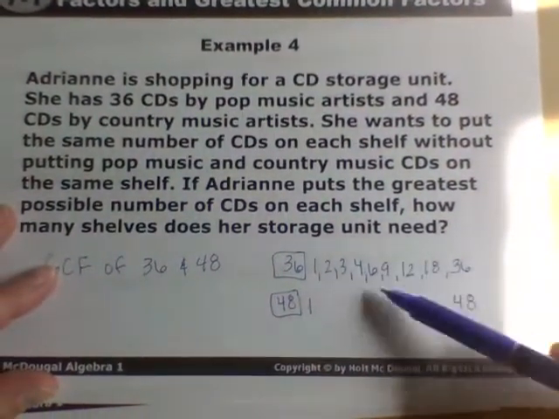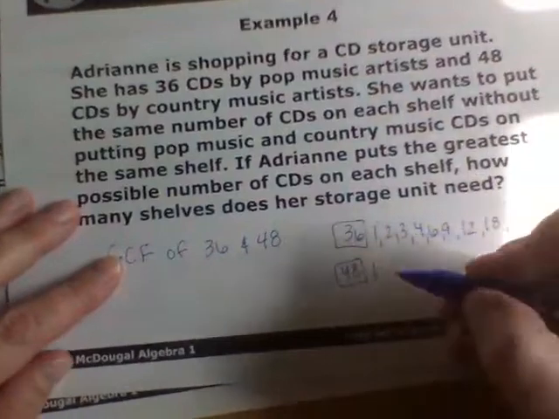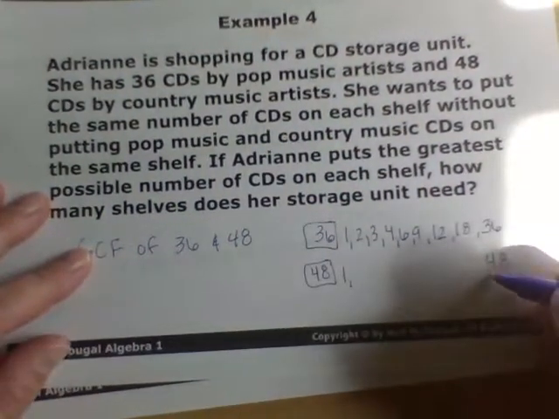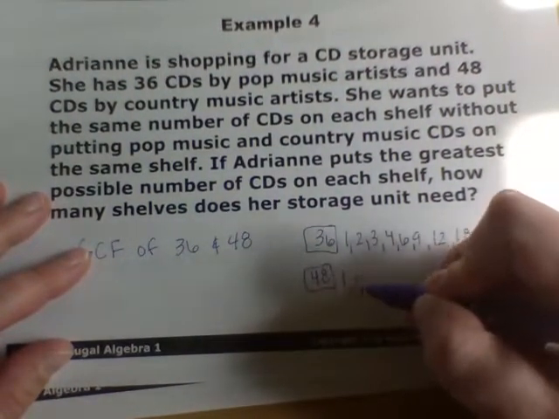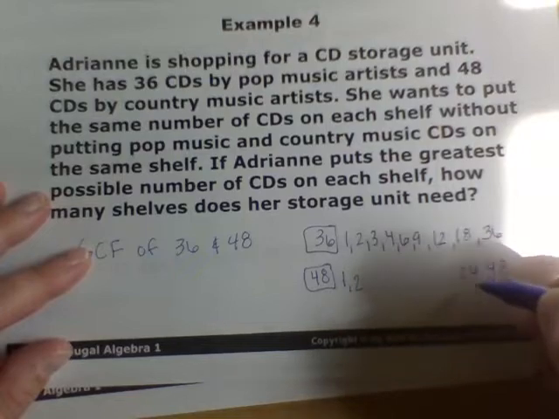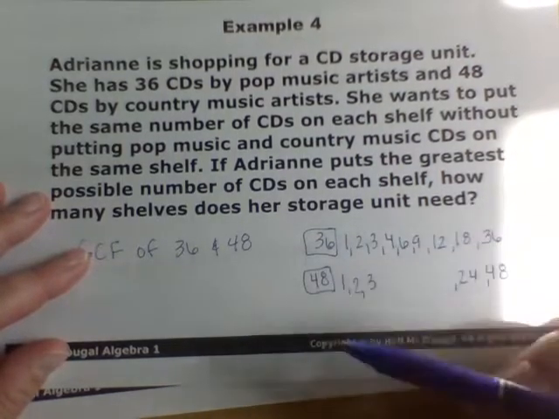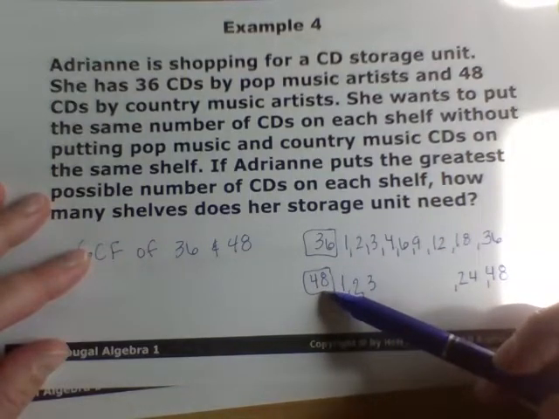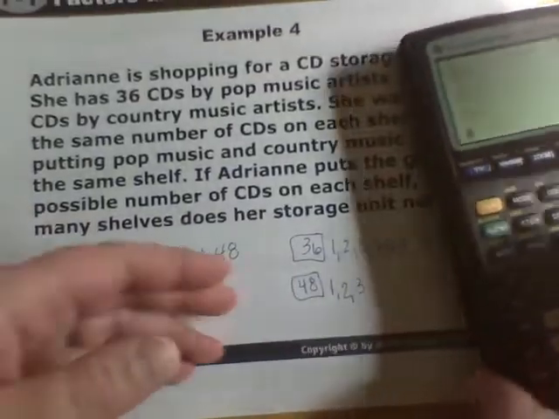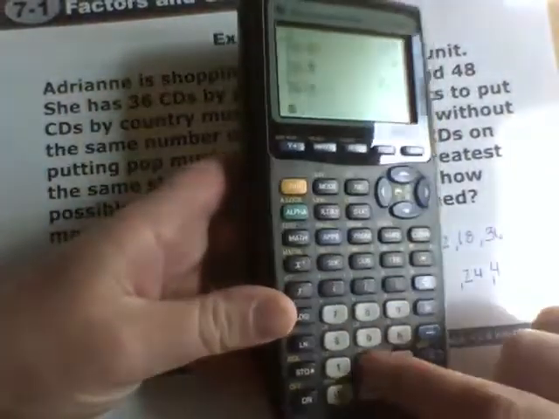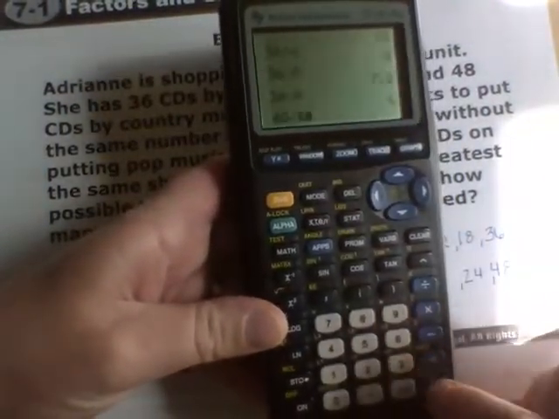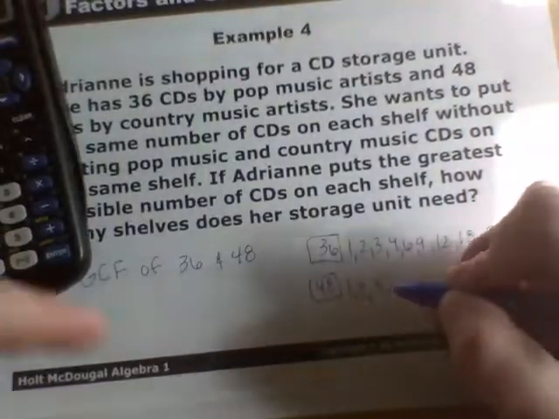All right. Then for 48, we do the same thing. So we go from 48 and we say, is it divisible by 2? Yes. And it's 24 times. And then we ask, is 48 divisible by 3? And you might think not, but it is. I'm just going to do 48 divided by 3. All right.